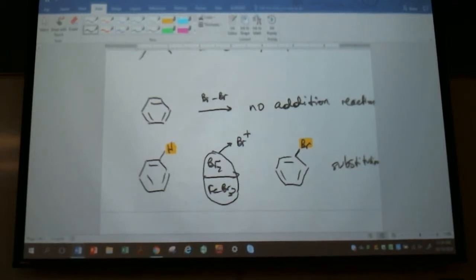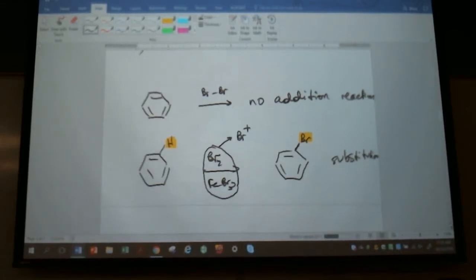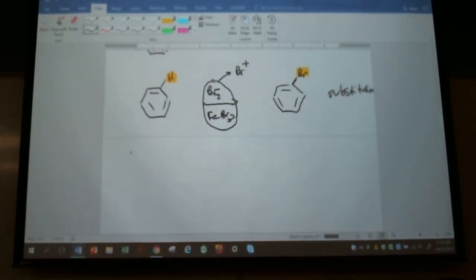We still have the aromatic ring at the end of the day. We have not converted my double bond to a single bond. I have not added two bromines. I have substituted a hydrogen with a bromine. So it's a very different type of reaction. Okay, so this type of reaction here is called an electrophilic aromatic substitution.